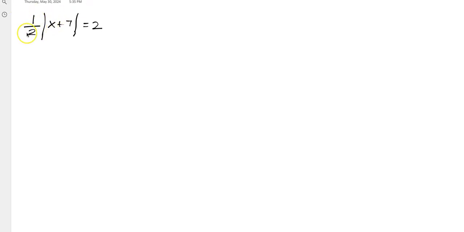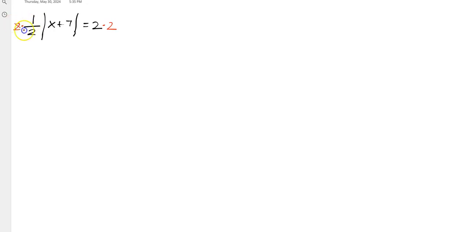So on this one, we need to get rid of that 1/2. To undo multiplying by 1/2, we're going to multiply both sides by the reciprocal. You flip that fraction upside down, and that will be 2. So we'll multiply both sides by 2.